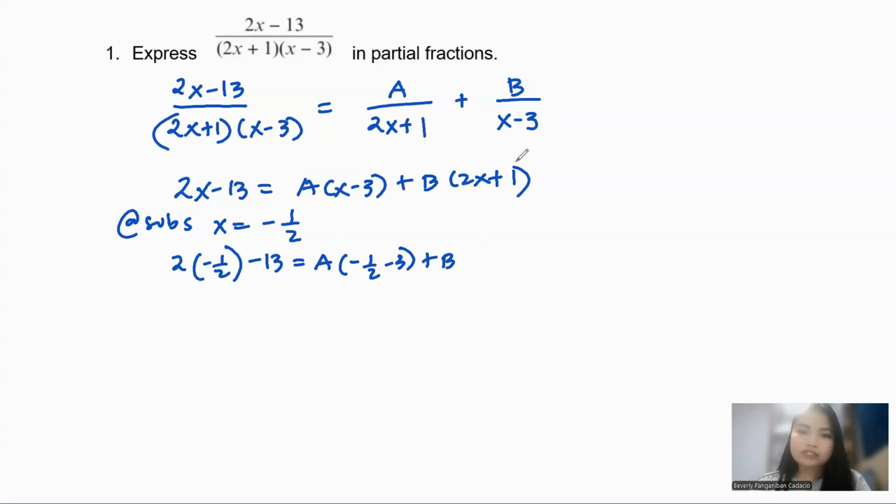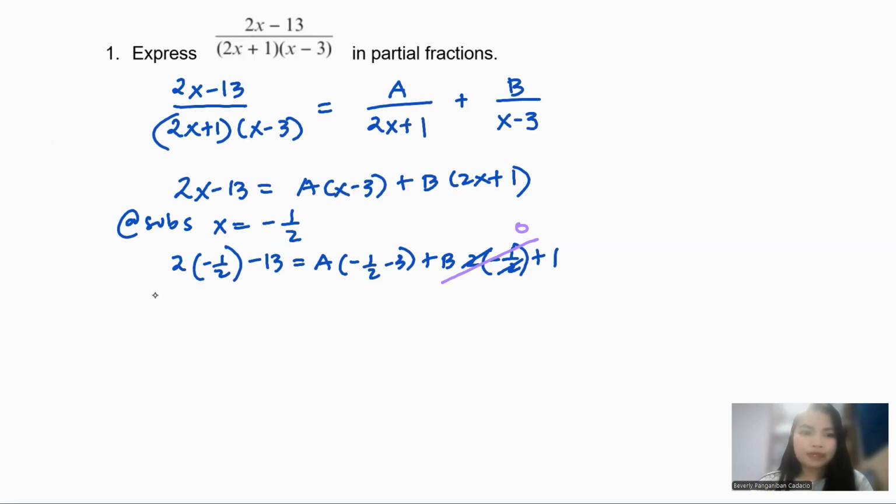And actually, since this is 2x plus 1 already, you already know that that will be the one that will be cancelled, right? It will be 0. But let me show you, because this one will be negative 1 plus 1. So automatically, I know that this one will just be 0, okay? Actually, you don't need to show that. You can just make the b term 0 because you already know that that's the solution of the text.